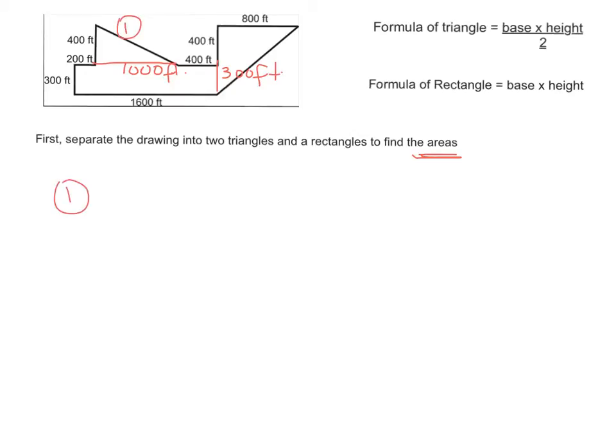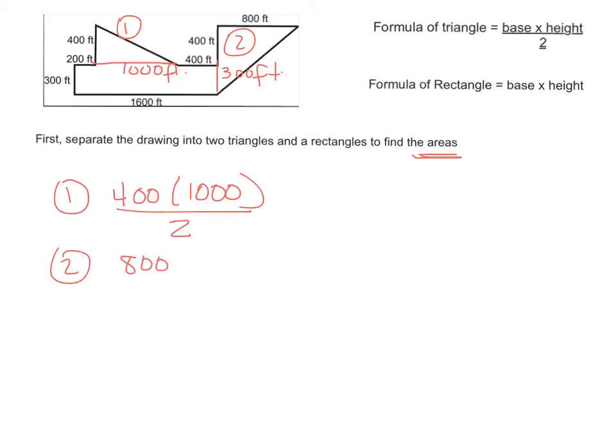We have to multiply 400 times 1,000 and then divide into 2. The second one, we need to say 800 times, we are going to add 400 and 300, that's 700, into 2.